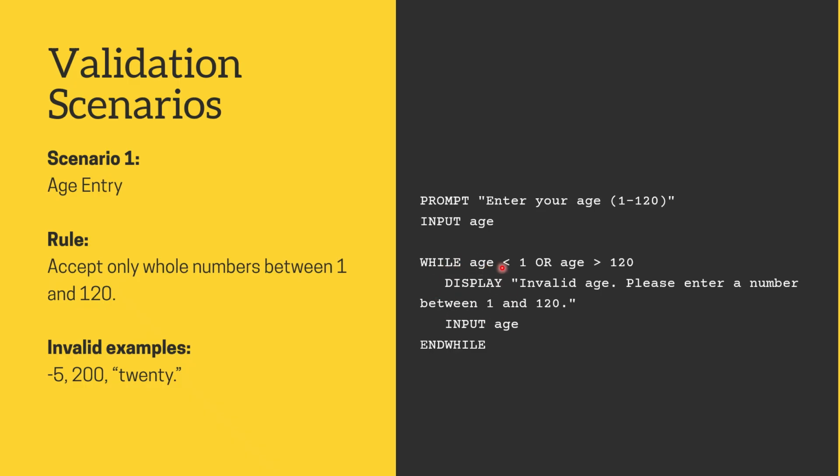While age is less than 1, because it doesn't fall between 1 and 120, or age is greater than 120, then we're going to display invalid age and ask them to please enter a number between 1 and 120. So we're repeating it and asking them for another input. Then of course they'll input the age, and this will keep running until this is no longer true.